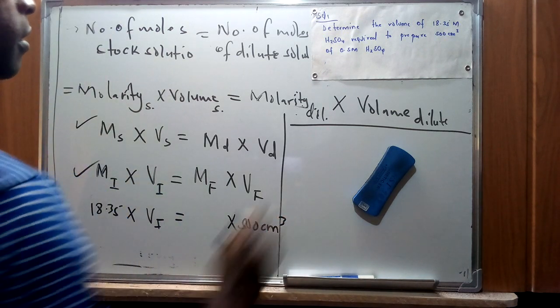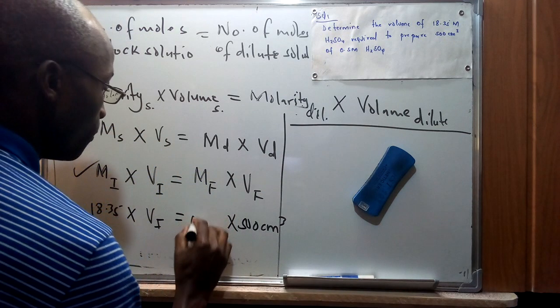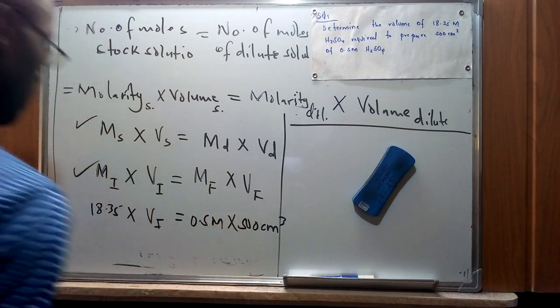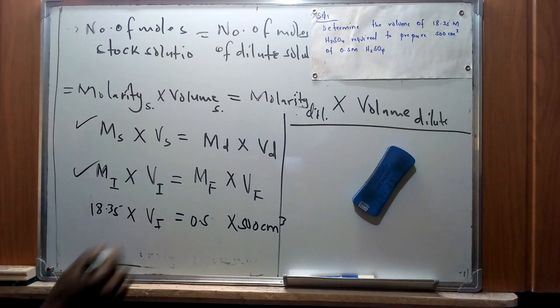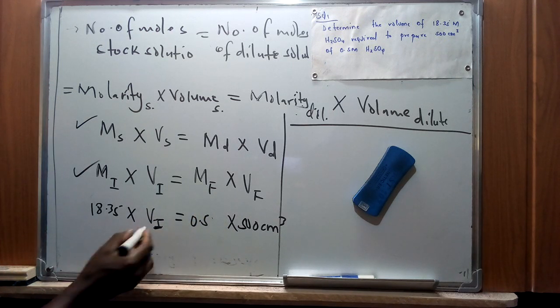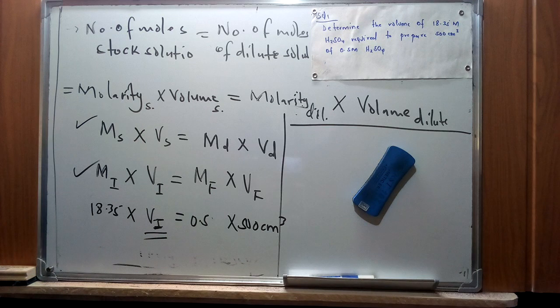So that is V final, of 0.5 molar, so we've been given the second concentration as 0.5. Whatever is missing is the initial volume that is required to prepare the volume on the other side.